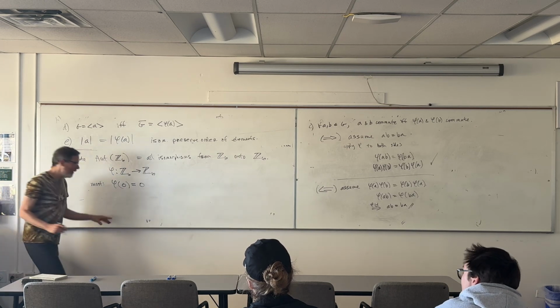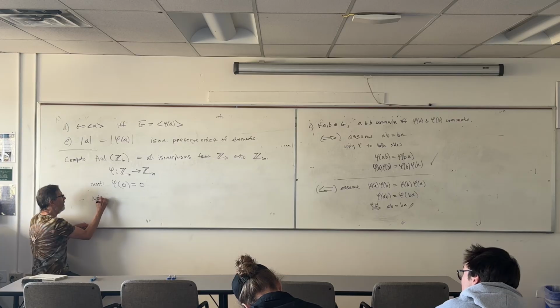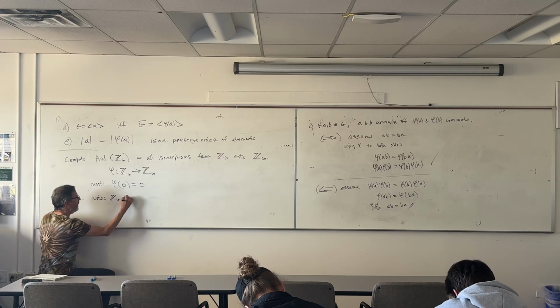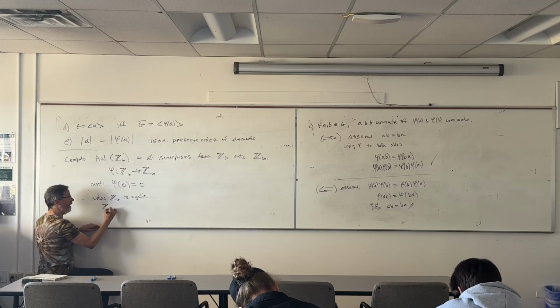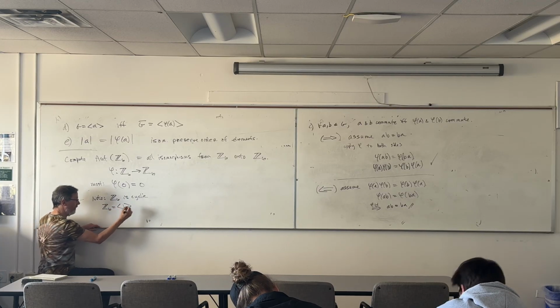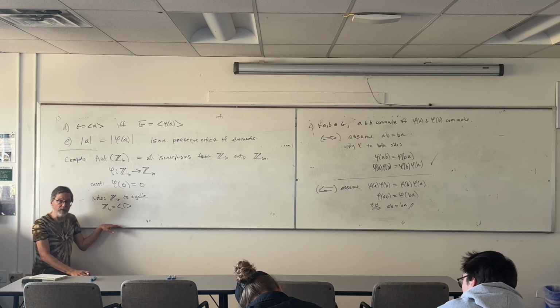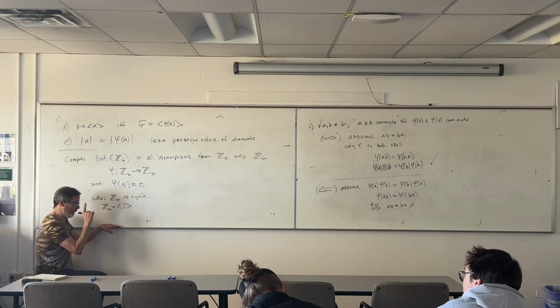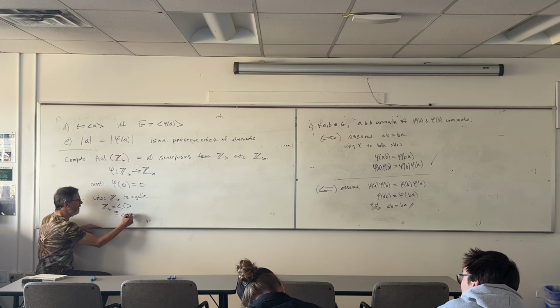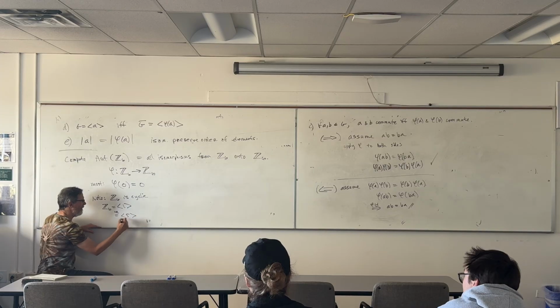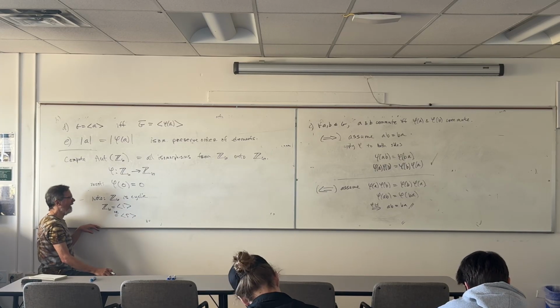Yeah, so let's note, Z6 is cyclic. And in fact, we can write it a couple of ways. Z6 equals the group generated by 1, modulo 6, right? Or what else? 5, and I think that's it.